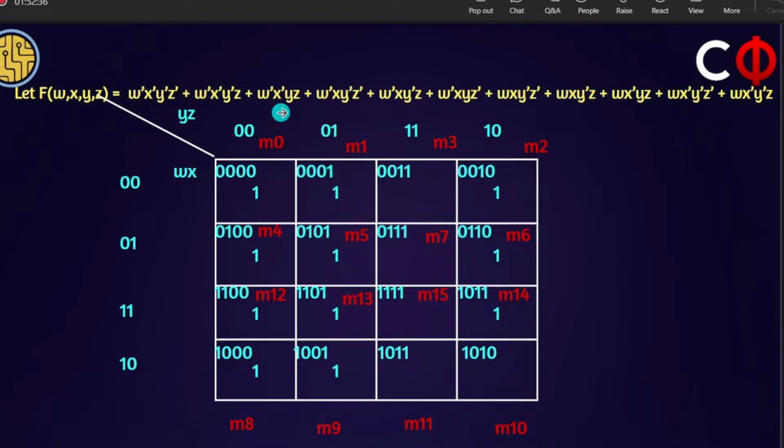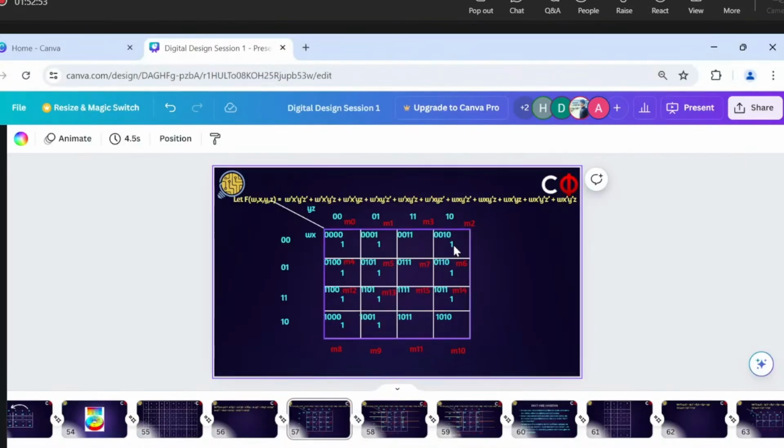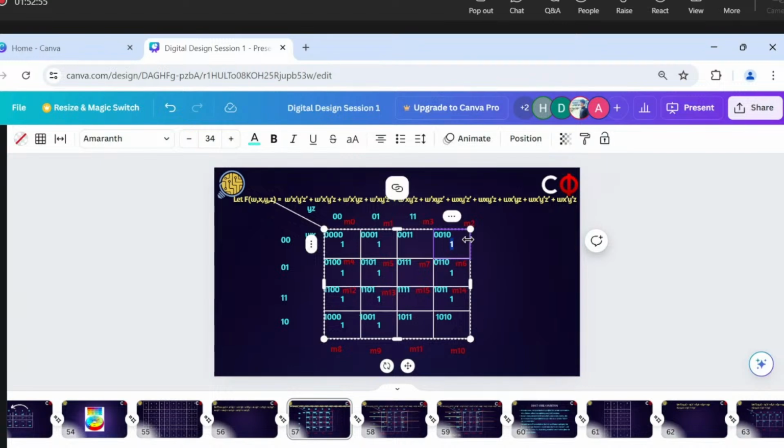And then you have W prime, X prime, Y, Z. So that's going to be 0, 0, 1, 1. That's the term it's going to correspond to. My bad. I have marked it in the wrong place. The one here. It's not here. It's going to be here. Sorry about that, guys.